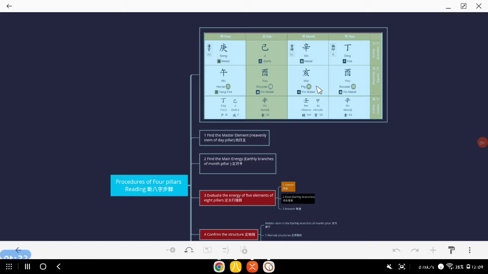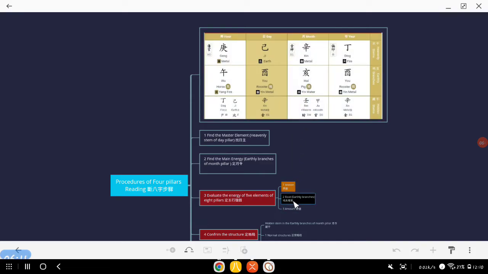So actually these 5 elements are represented by different symbols on the heavenly stem and earthly branches, and it's a bit complicated. So I'll just talk about the basic part here. First, you need to lock on the season. The seasonal energy is very important, as I explained before.